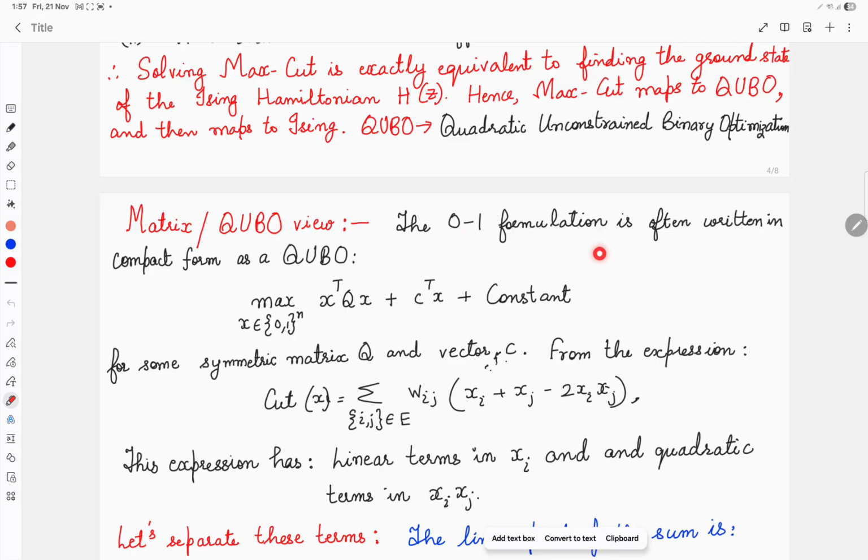So the 0-1 formulation is often written in compact form as a QUBO. This is the max over all the combinations of this bit string x. It is equal to x transpose Q x plus c, where Q is some operator. So this term is the quadratic.